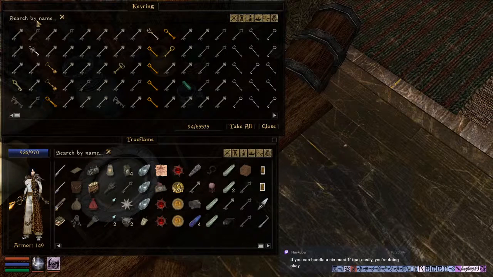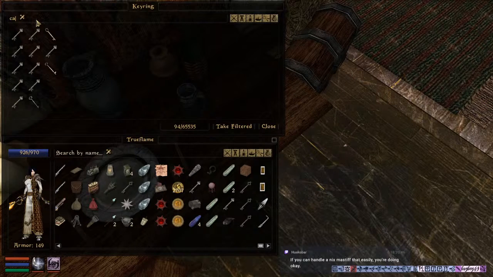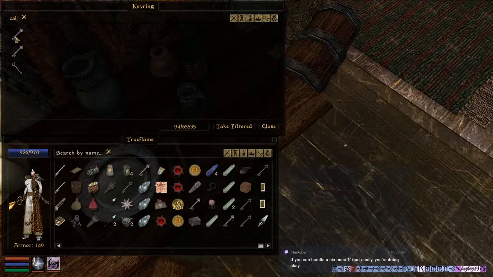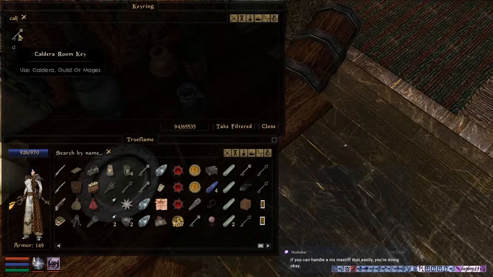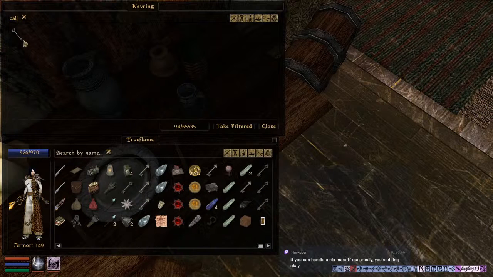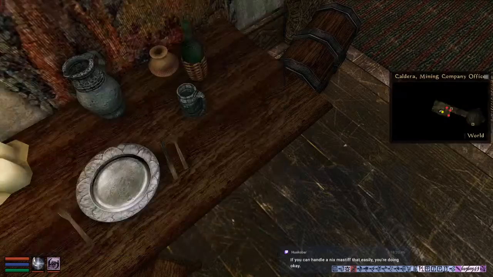So let's try Aldira. Wow, I love these search filters. Oh, I have several of them. Let's use them.